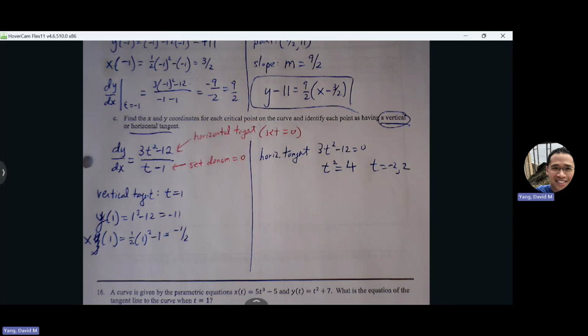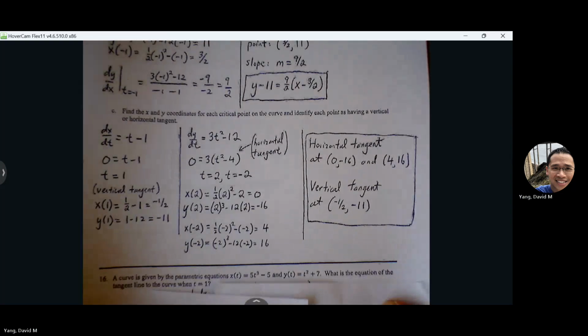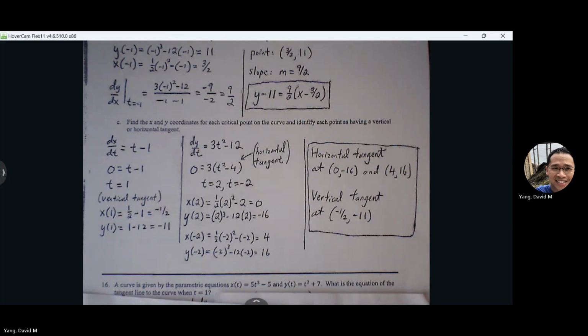So we have 2 ordered pairs for horizontal tangent and 1 ordered pair for vertical tangent. So when I plug 2 into x and y, I got the ordered pair (0, -16). If I plug in t equals -2 into x and y, I'm getting a different ordered pair.